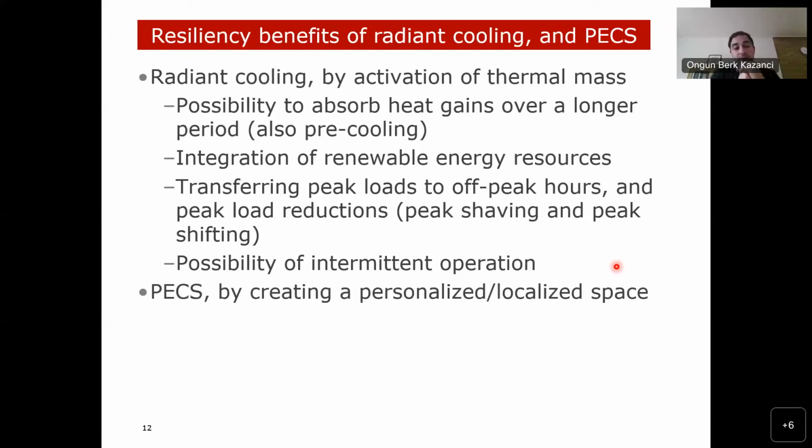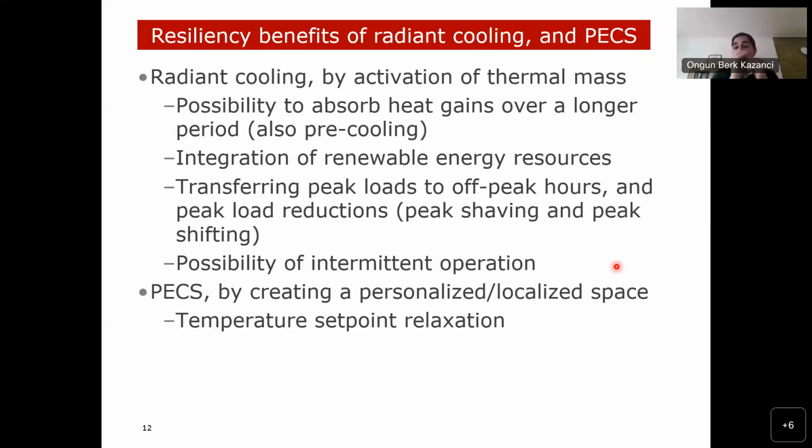Then when we look at the personalized environmental control systems, PECS, as I mentioned, they create a personalized space. Due to this, many studies have shown that this allows temperature set point relaxation in the ambient system, meaning that since people are, for example, at their workstations and they have personalized heating and cooling systems, the rest of the room does not need to be conditioned to, for example, 26 or 27 degrees in the cooling season, but can be conditioned to higher temperatures.